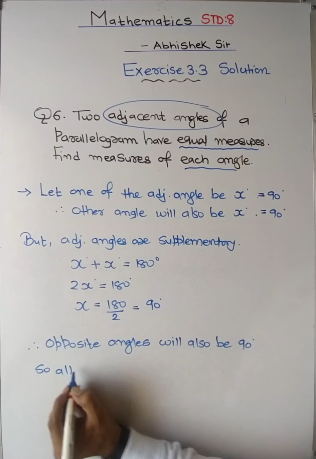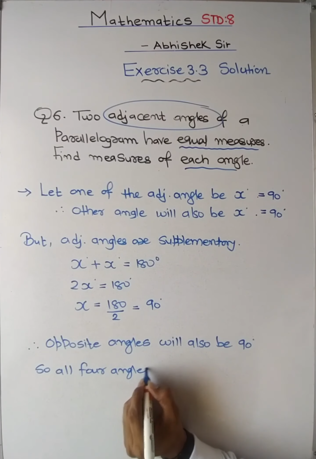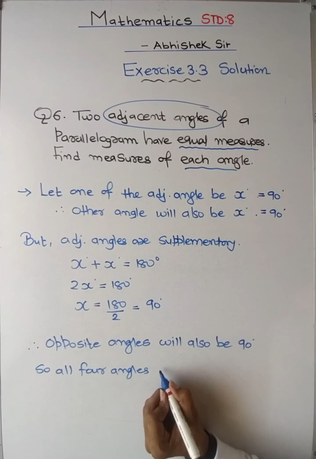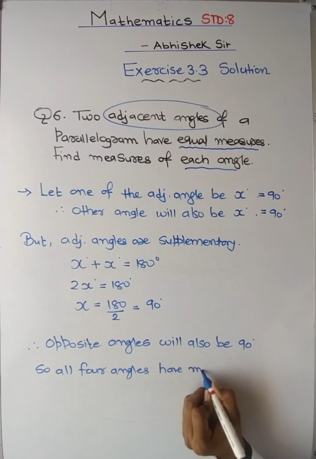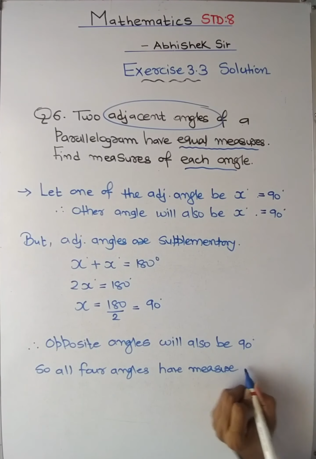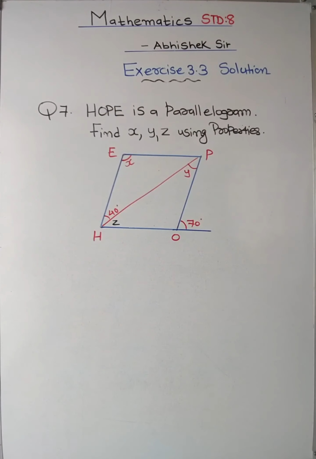So all four angles of this parallelogram have measure 90 degrees. Clear?